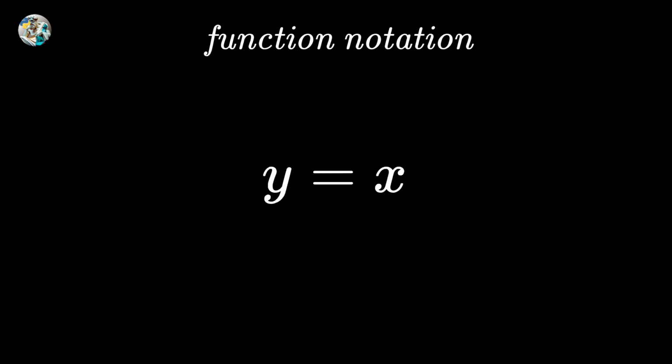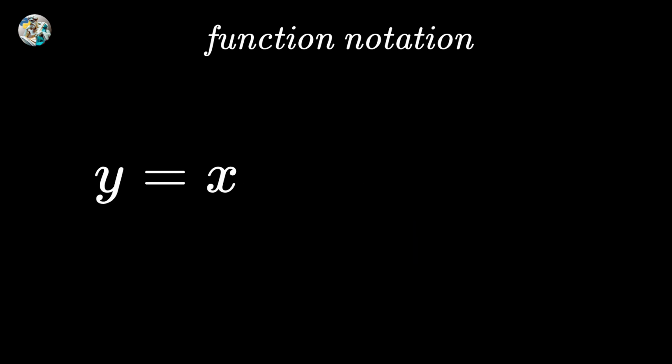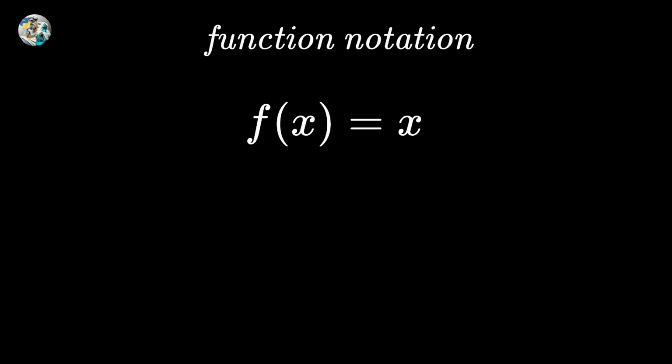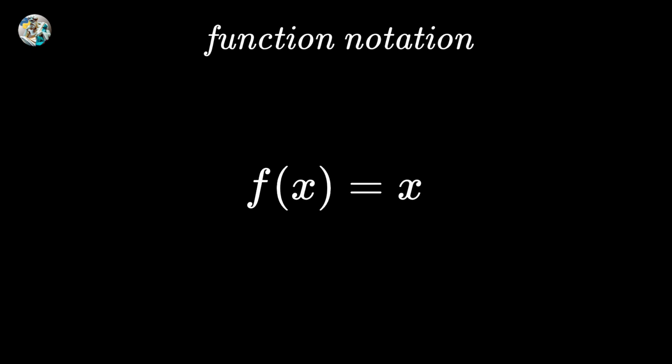Let's work with our previous function, y equals x. We can give this function a special letter, like f, so now it looks like this. f of x is equal to x. This means the same thing as y equals x, but with a special character to give it a name. This also means that whatever goes between these parentheses has to be the same in the input.